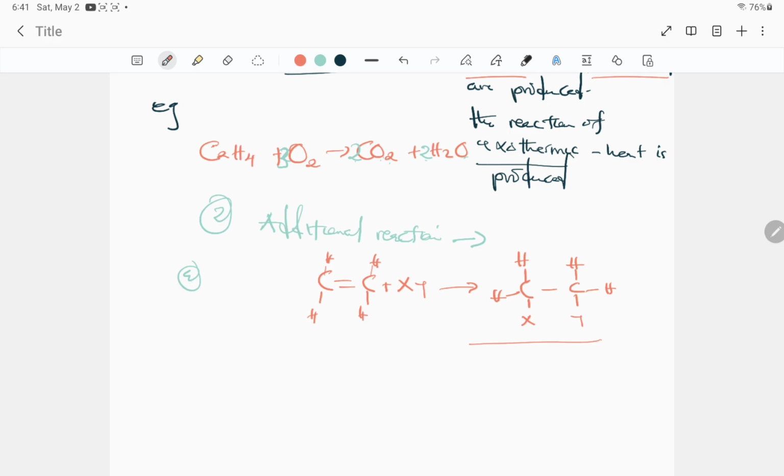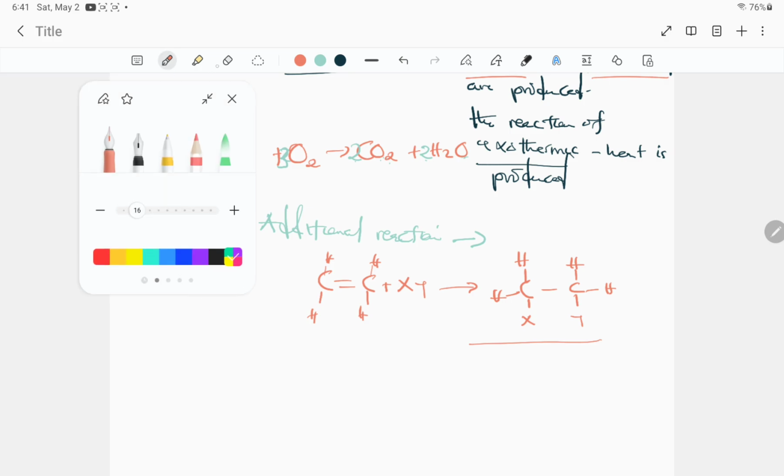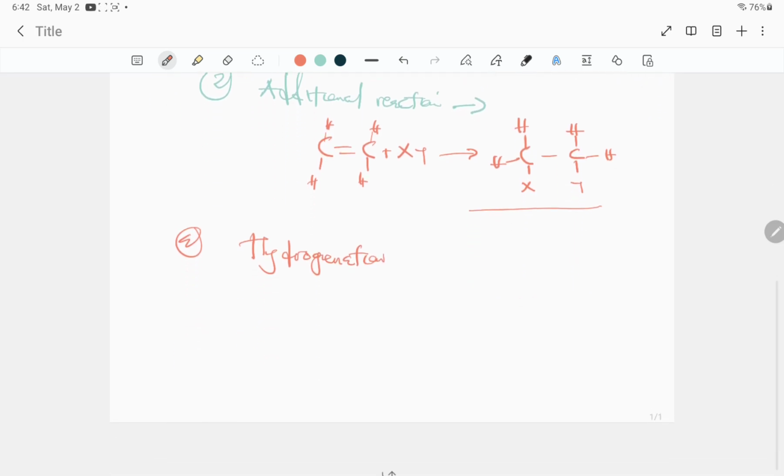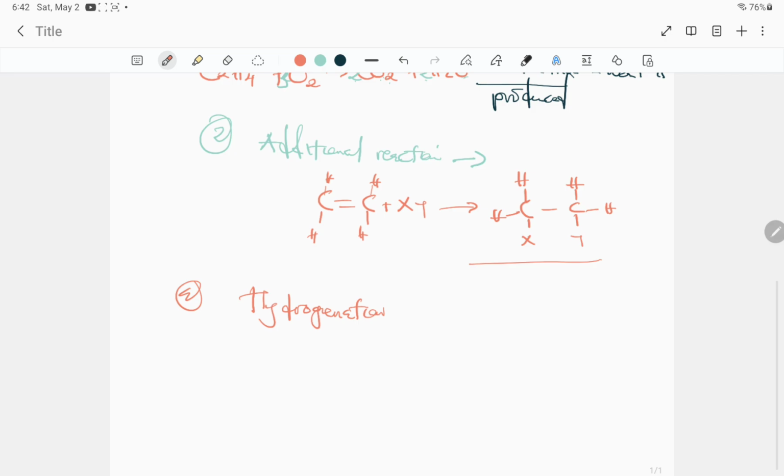So the first one we're going to look at is hydrogenation. So these terms are not difficult. When we say hydrogenation, it's just a process. So we have hydrogen, now hydrogenation.